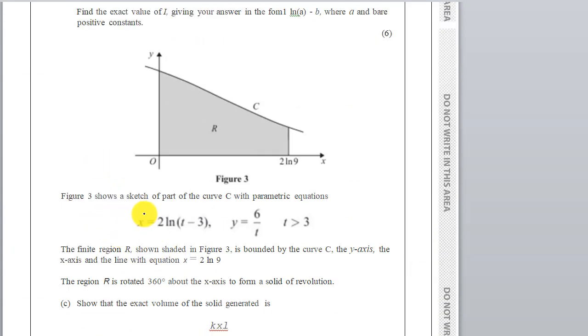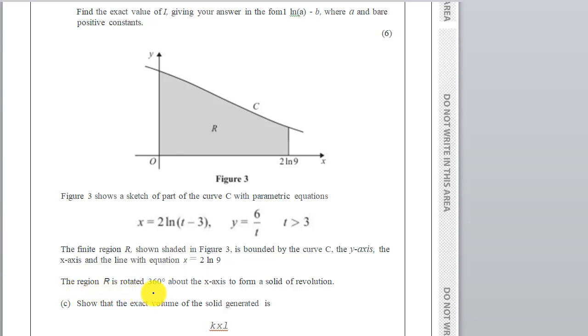Now, figure 3 shows a sketch of part of curve C with parametric equations x is equal to 2 ln(t minus 3) and y equal to 6 divided by t, where t is bigger than 3. The finite region R shaded in figure 3 is bounded by the curve C, the y-axis, the x-axis, and the line with equation x equal to 2 ln 9.